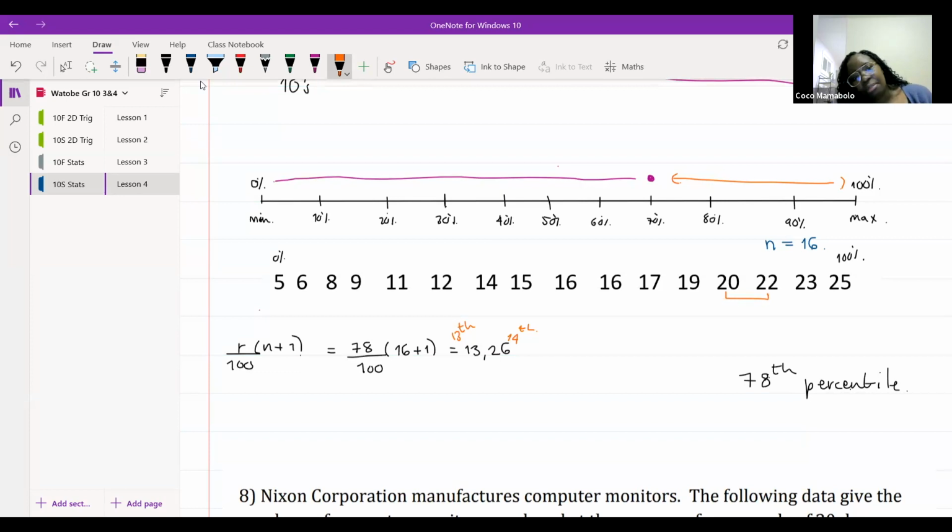Now, the median between 20 and 22 is the number smack dab in the middle of those two, which has to be 21. Now, how did I find 21? I take 20 plus 22 and I divide by 2. That should give me the number right in the middle. So my 78th percentile is 21.